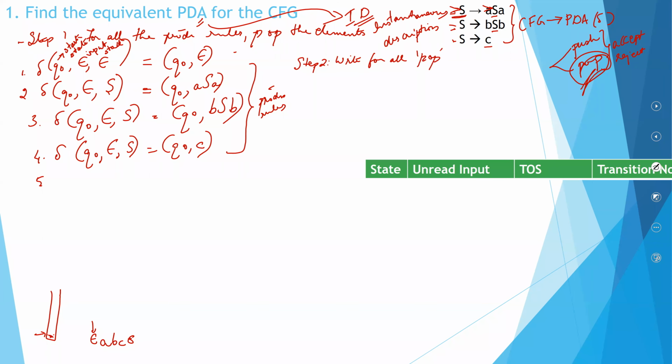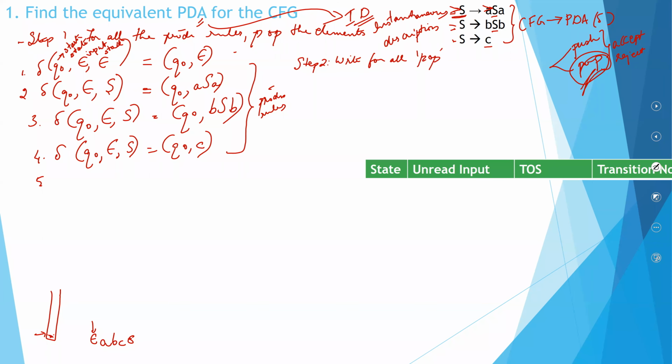Similarly, I am now in my Q2. I might encounter a C. The top of the stack might be C. I will go on to a new state called Q3. That's it. This is now in my PDA form. My context-free grammar, which I had in this particular form, I was able to convert into a PDA, which is this.